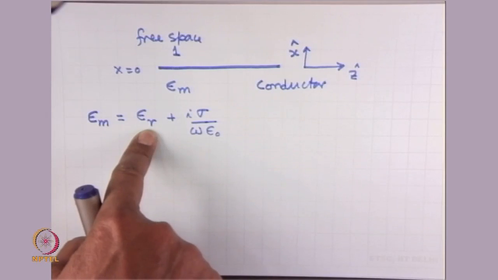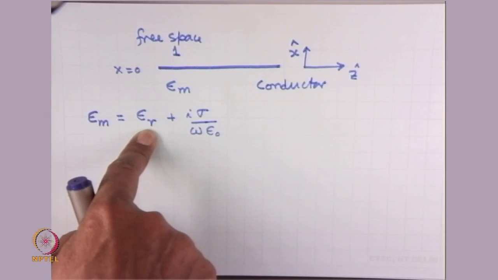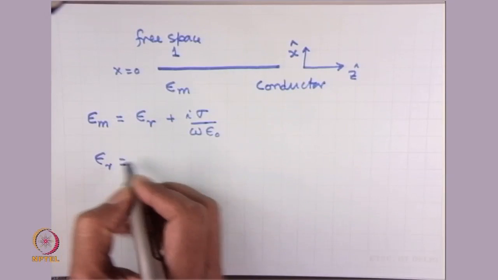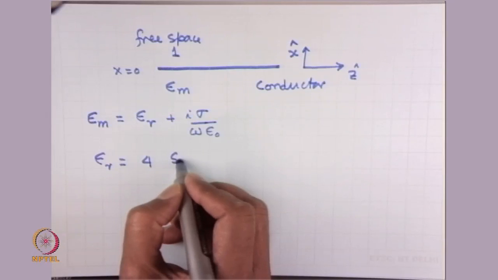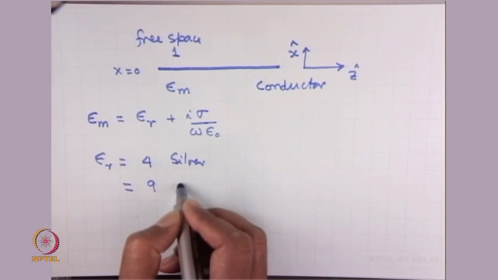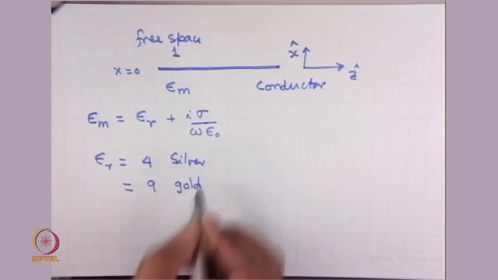For instance, epsilon r is 4 for silver, 9 for gold, and so on.